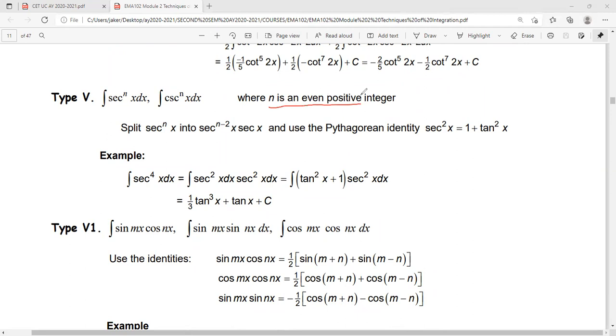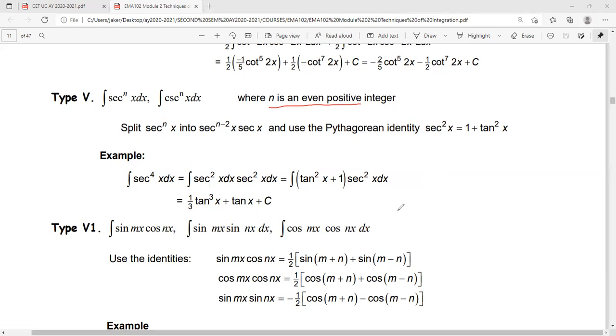Why do you think n should be even and positive in the first place before I discuss? What's the purpose, why is it limited only to the condition that n should be even and positive? What do you think is the reasoning behind it? Okay, so that this will not be a monologue, let me ask. Drews, why do you think it's limited only to n, which is positive and even? Are you there, Drews?